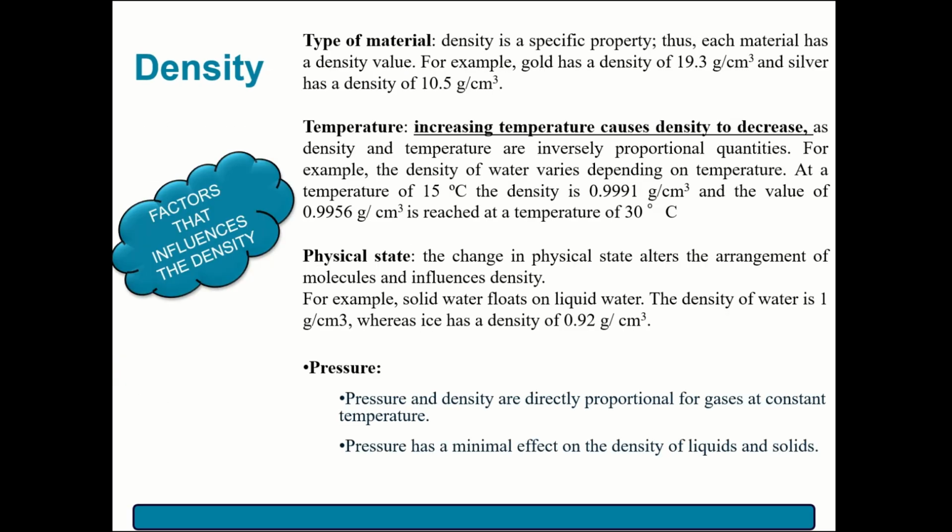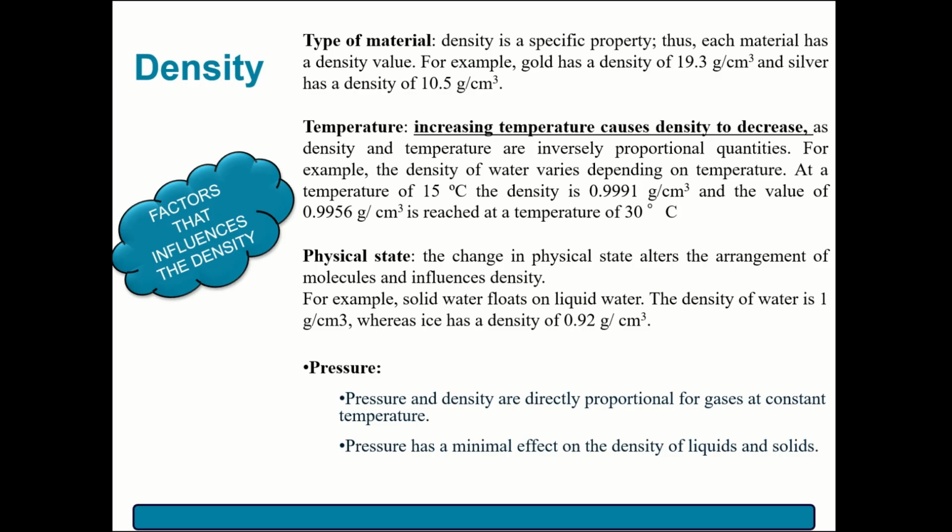So we have different factors that will influence the density, like type of materials, like I saw before, and the temperature. If you increase the temperature, we cause the density to decrease. Just remember the balloon. If you warm the air inside, the balloon is going to go up because the density of the air inside is lower than the density outside. So this is why it goes up.